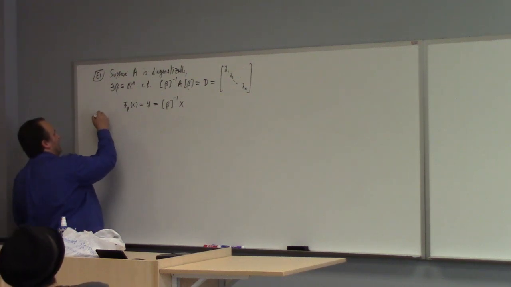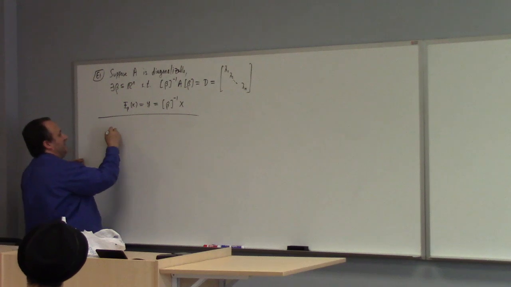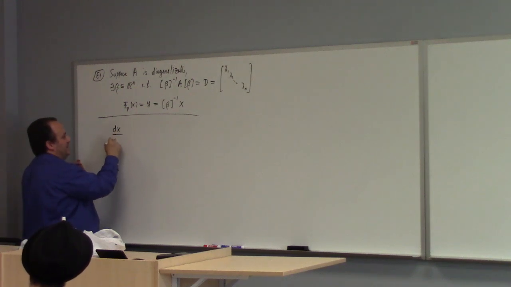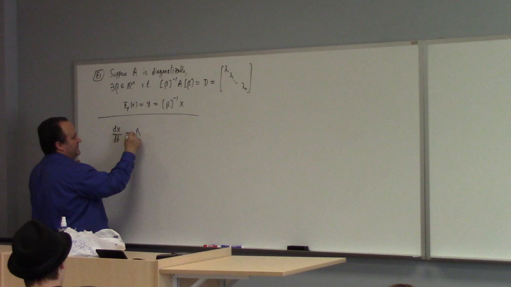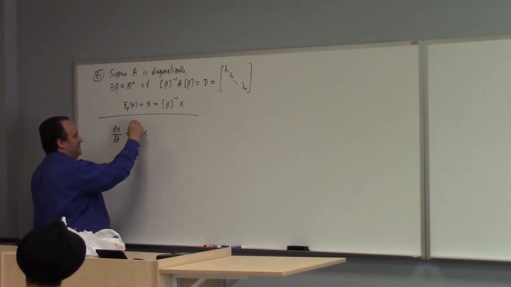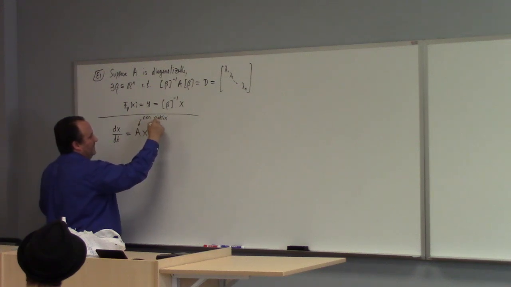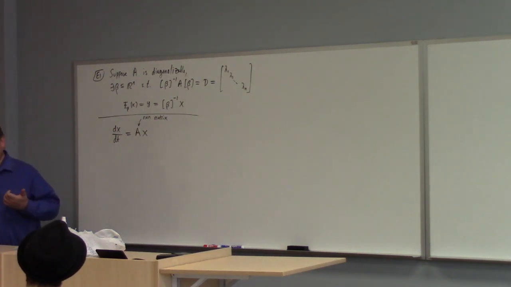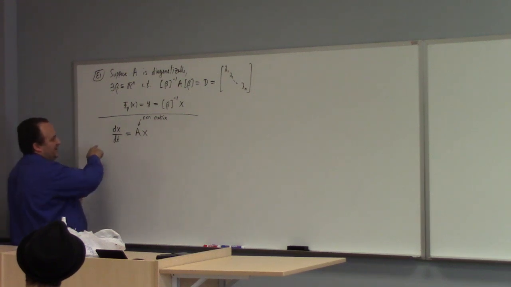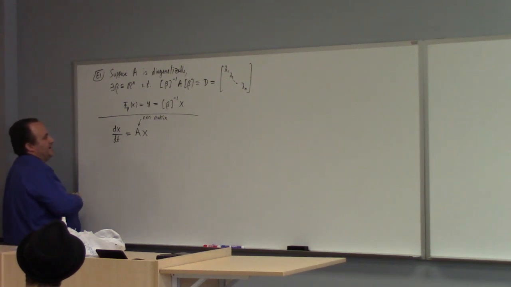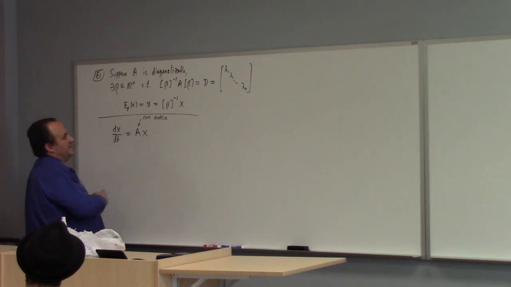And so in this context, if we're studying the differential equation dx dt equals Ax, where A is an n by n real matrix, and again, I'm assuming it's diagonalizable just for the sake of discussion. Well, what would happen here if I take this equation? x is equal to what?